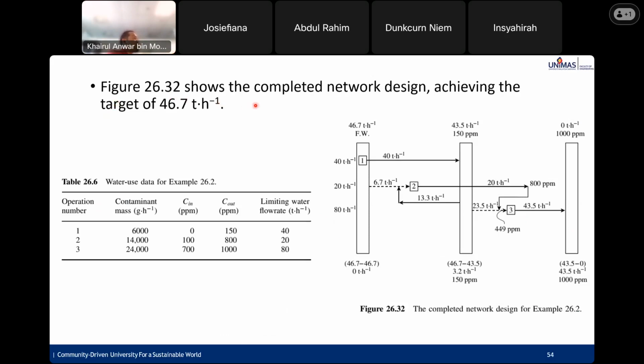Figure 26.33 shows the completed network design achieving the target 46.7. So 46.7 here, you calculate it by, so from 0 to 150 is 6,000.